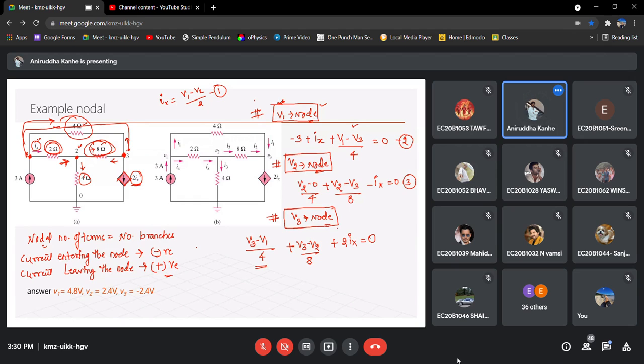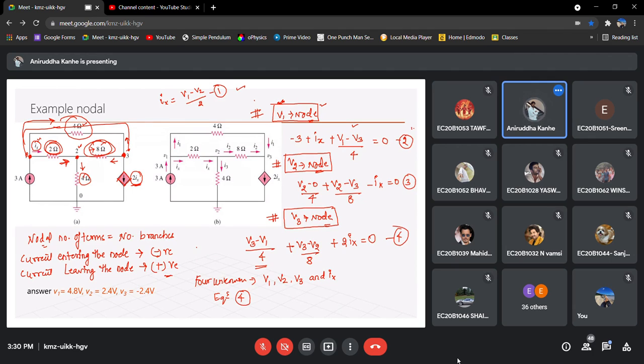So how many unknowns are there? You have 4 unknowns. And what are those? V1, V2, V3, and Ix. And how many equations? 4 equations.